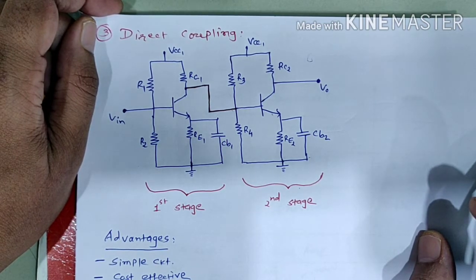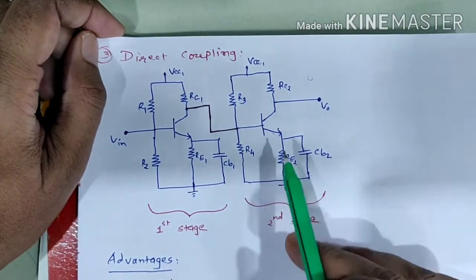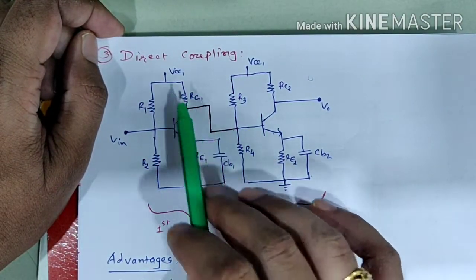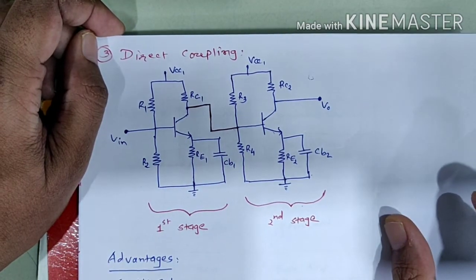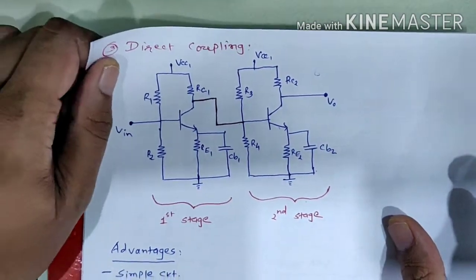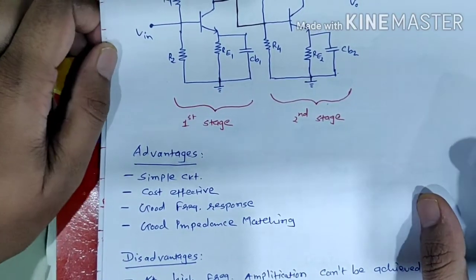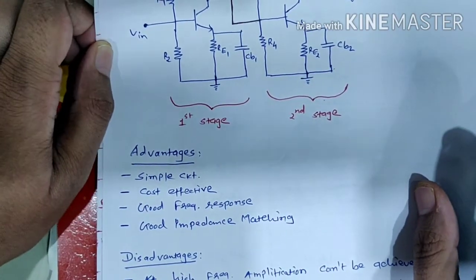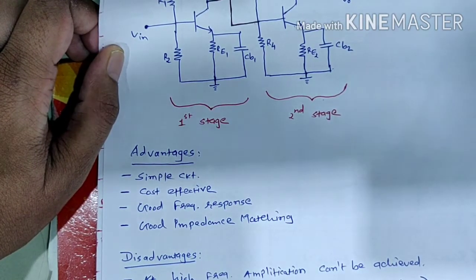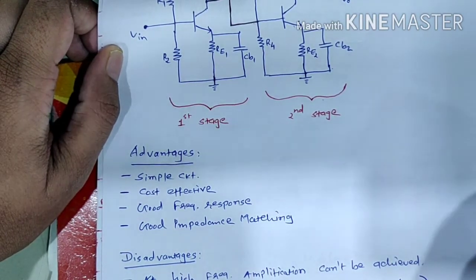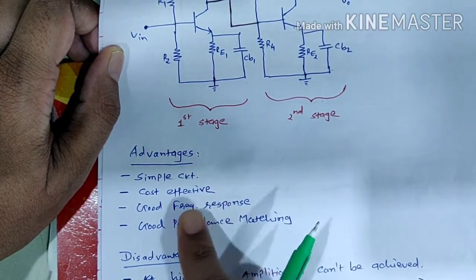This is called direct coupling. As its name suggests, no components are there, so the name of the coupling technique is given as direct coupling. Okay, so let us discuss the advantages and disadvantages of this particular technique. First, it is a simple circuit, as we know that there is no component used in coupling, so it is simple and cost effective.